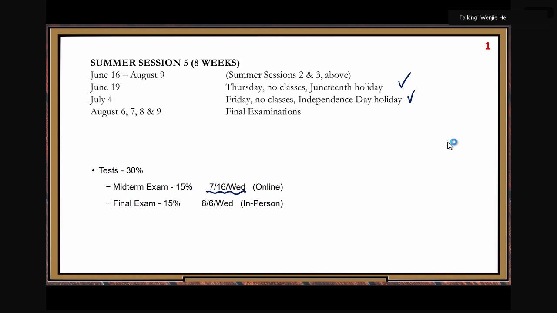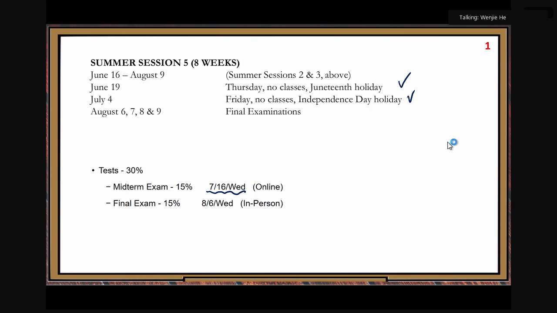Then the final, you have to do it right here. Okay, final. So it's a 2-hour test. All right, the detail, so I delete the details. At this point, I do not need to give you test details, right? Still too early.